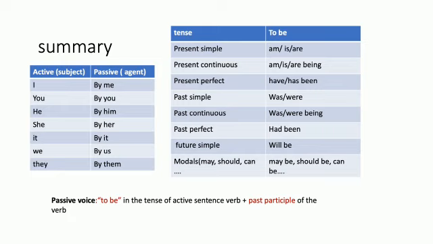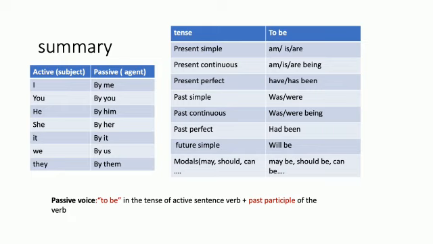Plus being, this is the present continuous of "to be." Of course, all these formulas are followed by the past participle of the verb. So don't forget the past participle of the verb when you form the passive from the active.